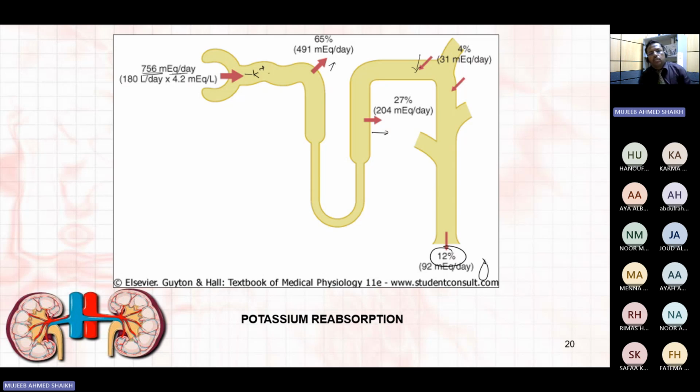This 12% depends upon the presence of aldosterone, how much aldosterone is secreted, and what is the acid base status of the body. So based on these values, the amount of potassium in the urine will be more or less.